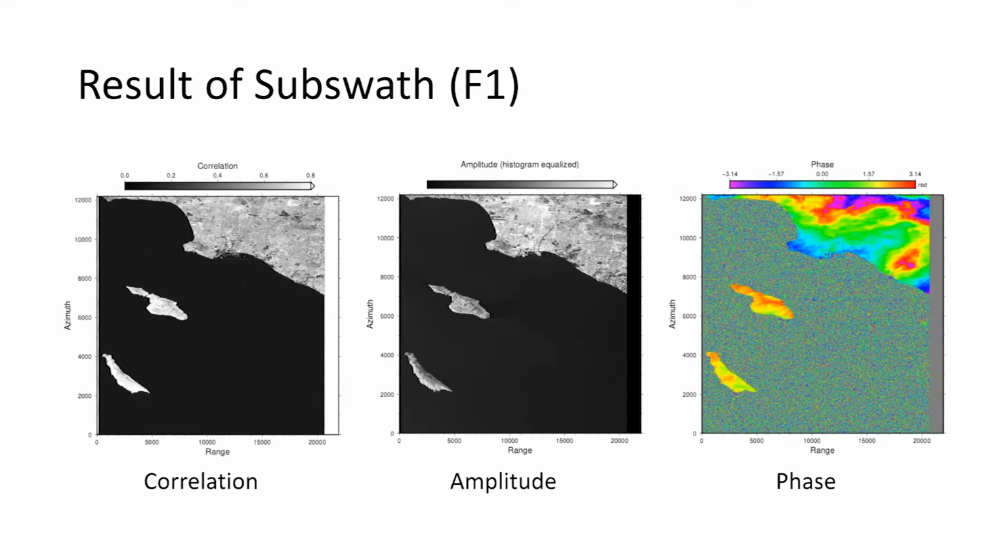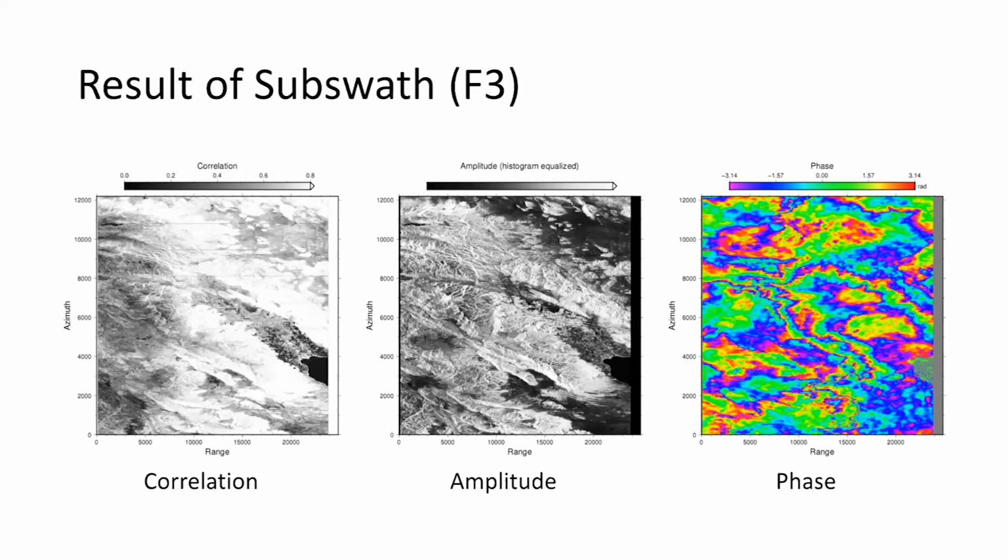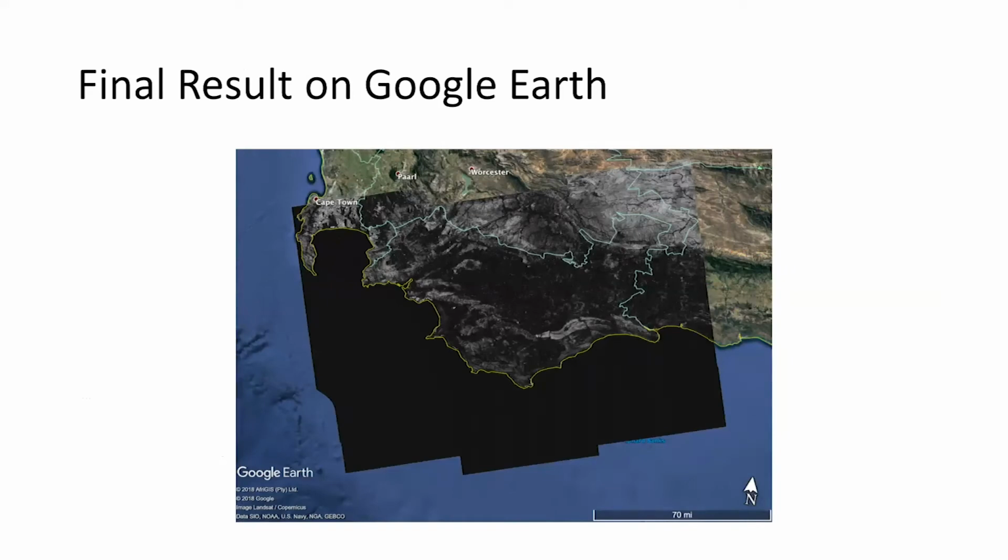To be honest, I don't know how to read this data yet, so I will try to learn SAR analysis in the future. But this is the result, and it looks right. This is in the F2 folder, and this is the third one, and this is the final result. It's basically the merged result after the mosaic.